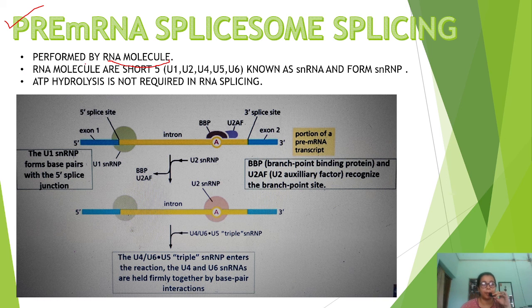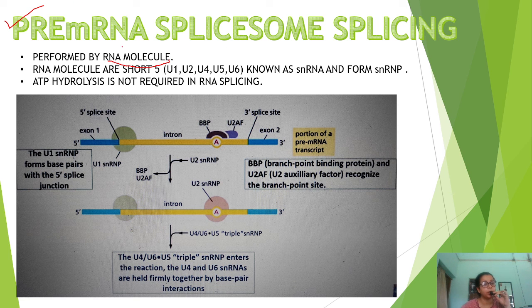So let us understand each step in detail. What is pre-mRNA spliceosome splicing? It is performed by RNA molecules.